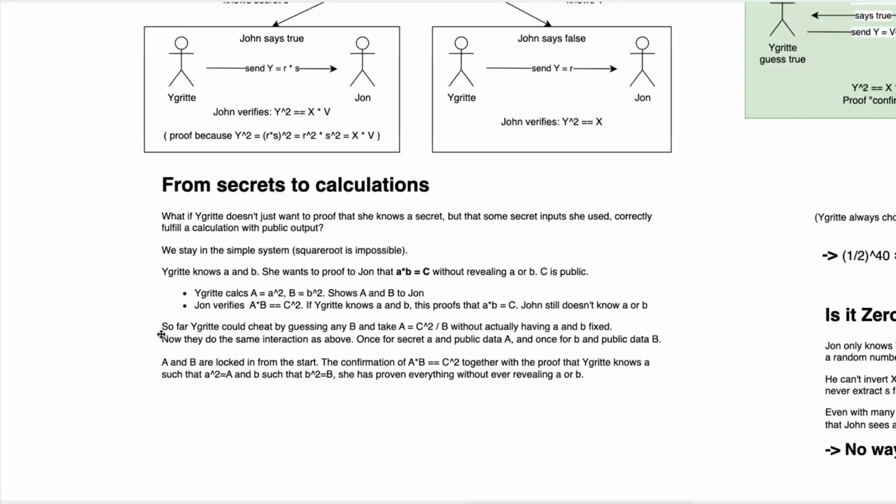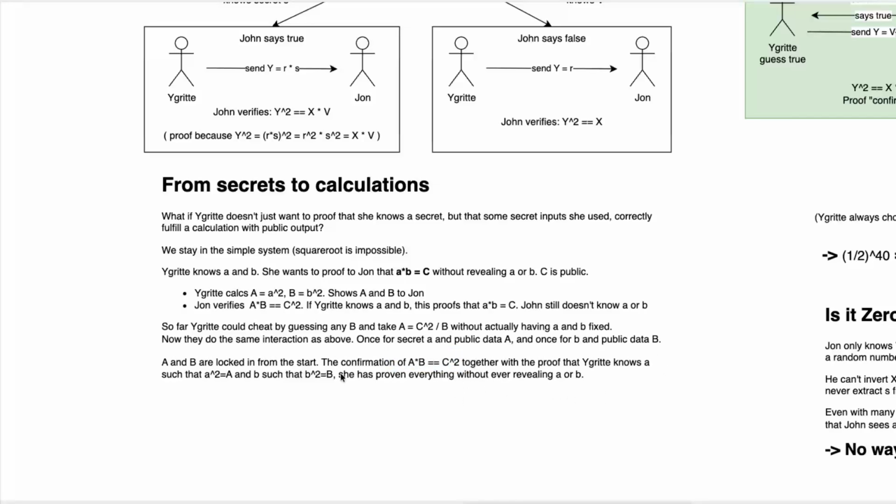And since she commits to them, she sends uppercase A and B to John in the beginning, and then they do this interactive thing. It's locked in from the start, so she can't change that on the way. So she proves that she knows the a and the b, so that big A and big B are valid, and John can verify that A times B is C squared.